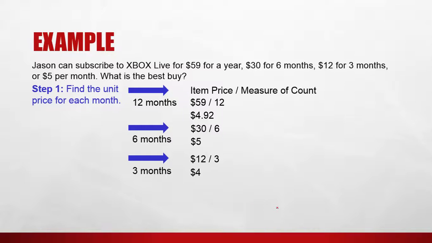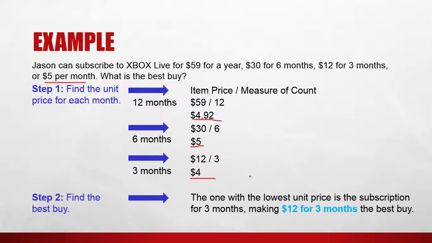And the last one you don't have to do because it is already in the unit price of per month. The last one is $5. So even though I'm not writing it here, you want to keep that in mind when you compare the prices. So we have 5 there, $4.92 here, 5 here, and 4 here. So the best buy is going to be the one for 3 months because that's only $4 a month.